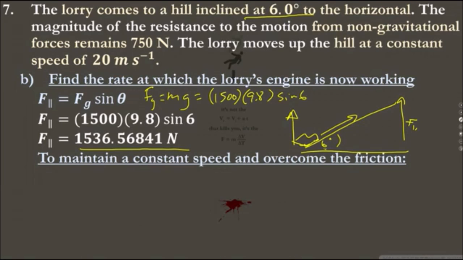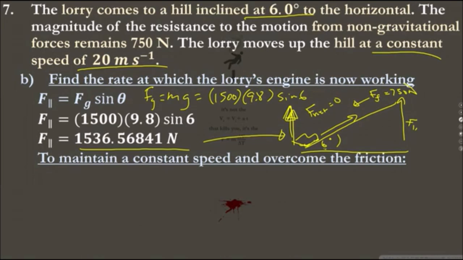Now the question is saying we need to find a constant speed at 20 meters per second. If it's a constant speed, it means the net force is 0. What that implies is our object not only has this amount of force pulling it up, but obviously there is some kind of frictional force at 750 pulling it back here.